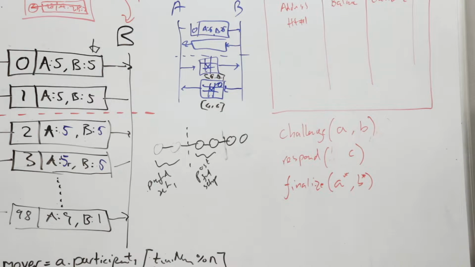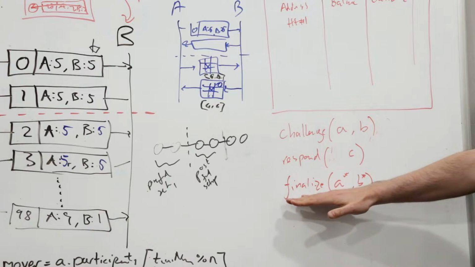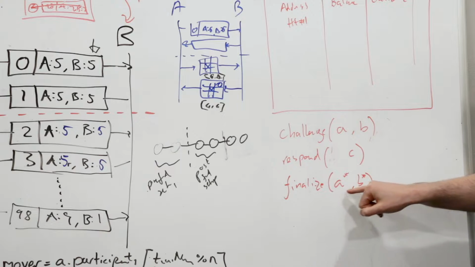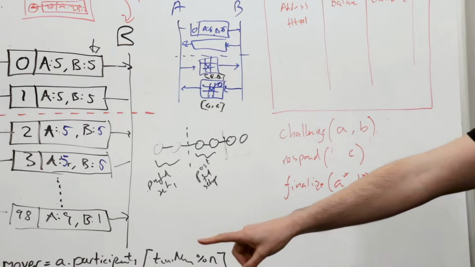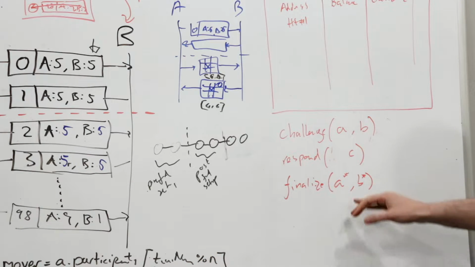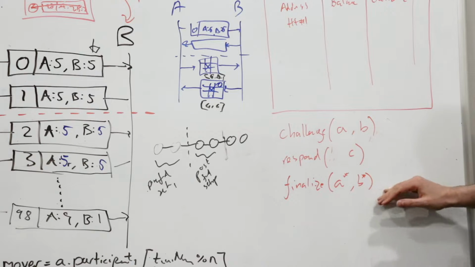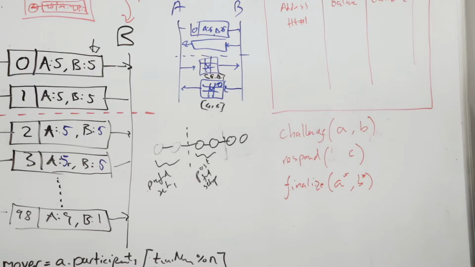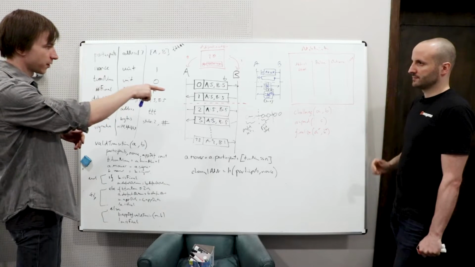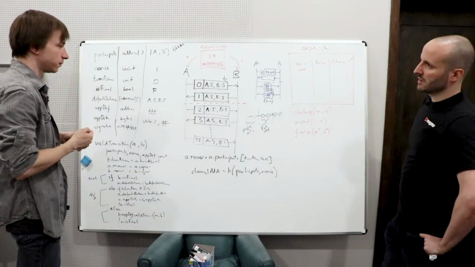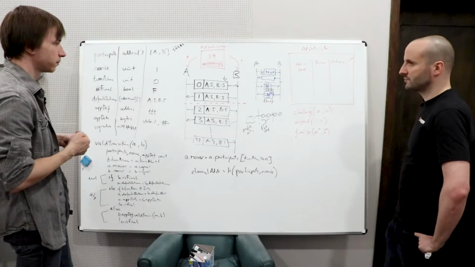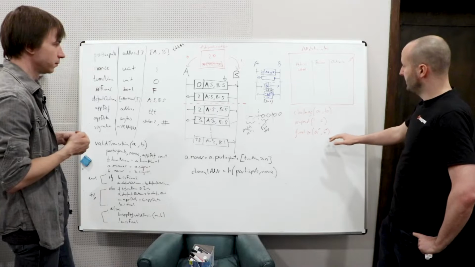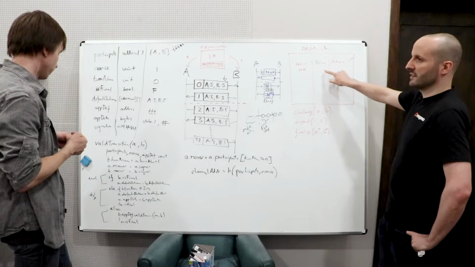If you call finalize with two states where this is a valid transition and they both have is final true, then your outcome goes straight into the outcomes column without any timeout or anything. And again, it takes as many arguments as there are participants. Yep, so that's how you get things into this.